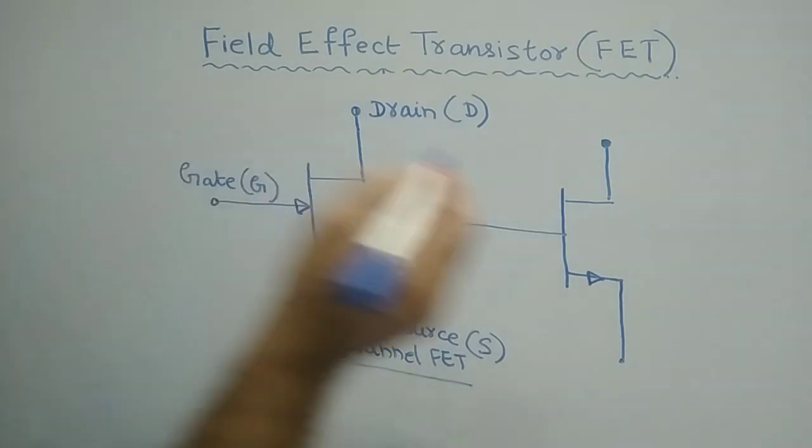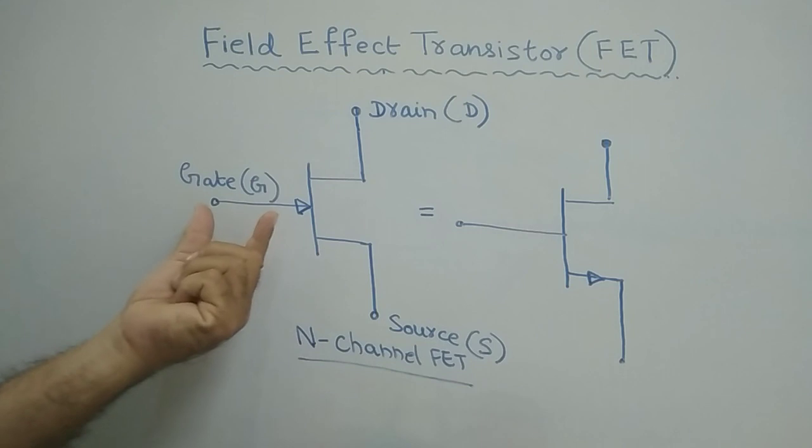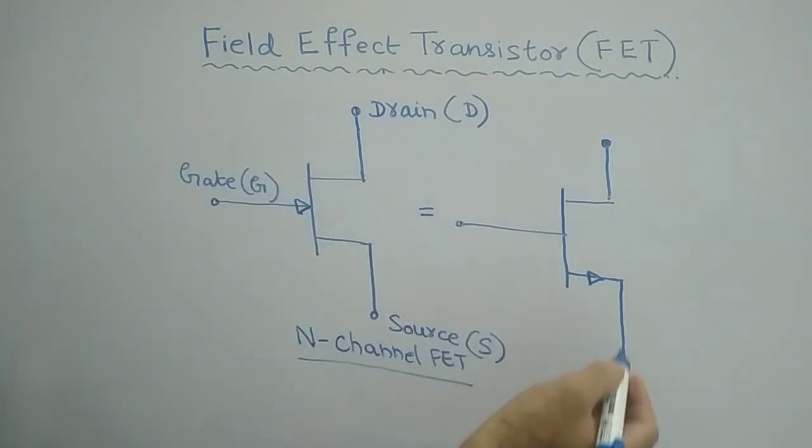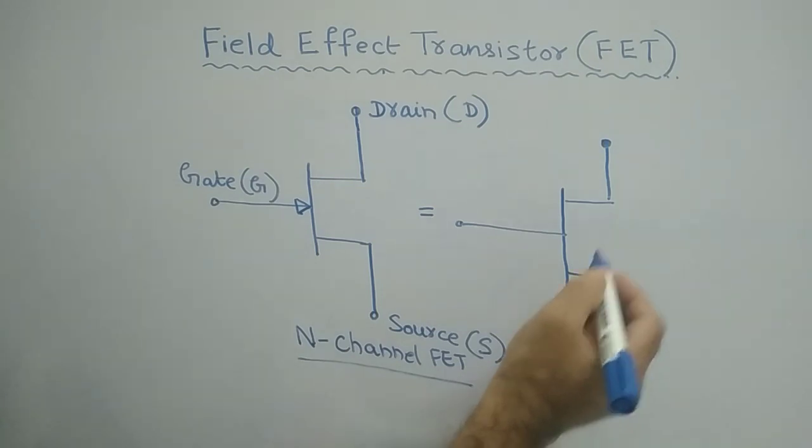Equivalently, instead of representing the arrow mark here, I can represent the arrow mark on the source terminal, in the forward direction.